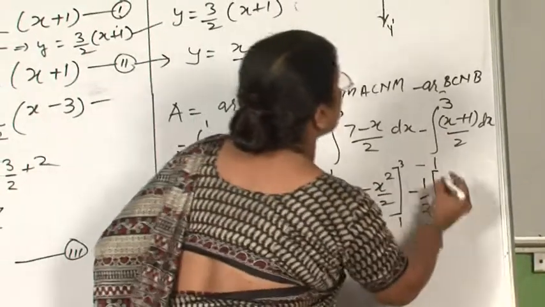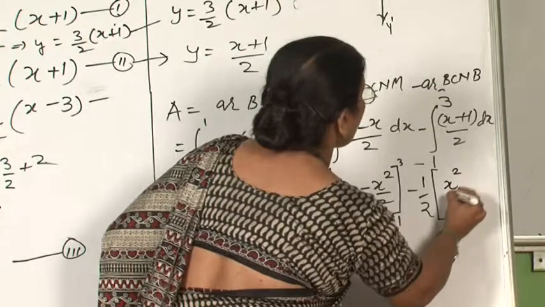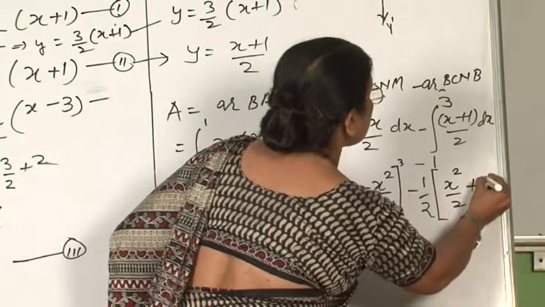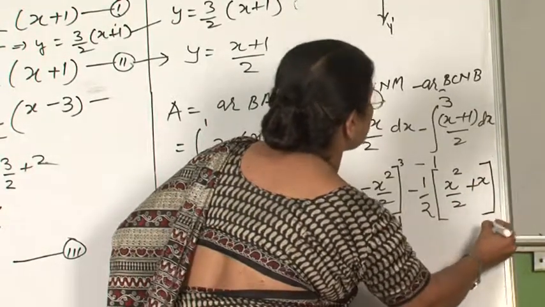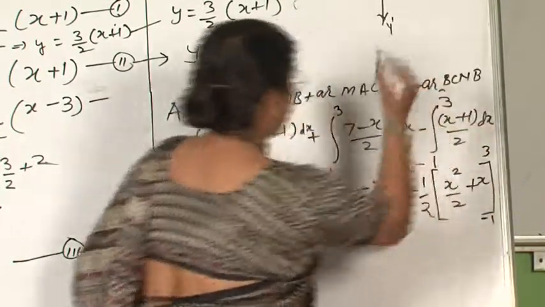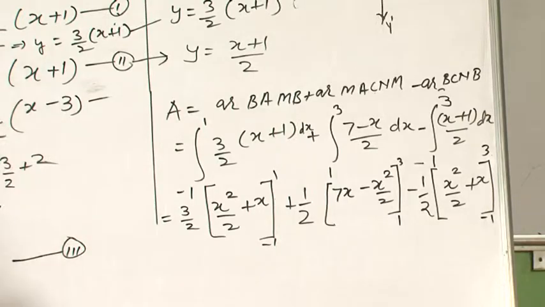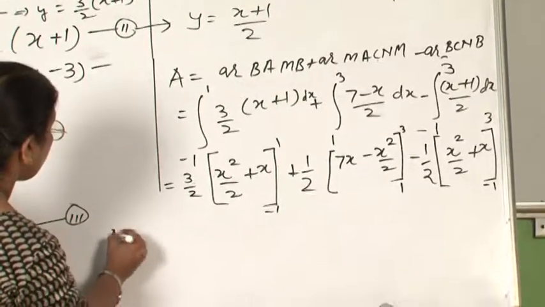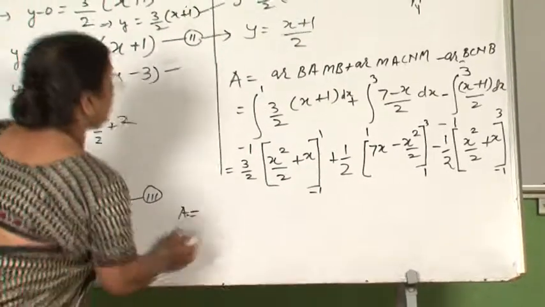So the integration of this is x square by 2 plus x, and the limit of this is from minus 1 to 3. Now we will put in the values and find the area.